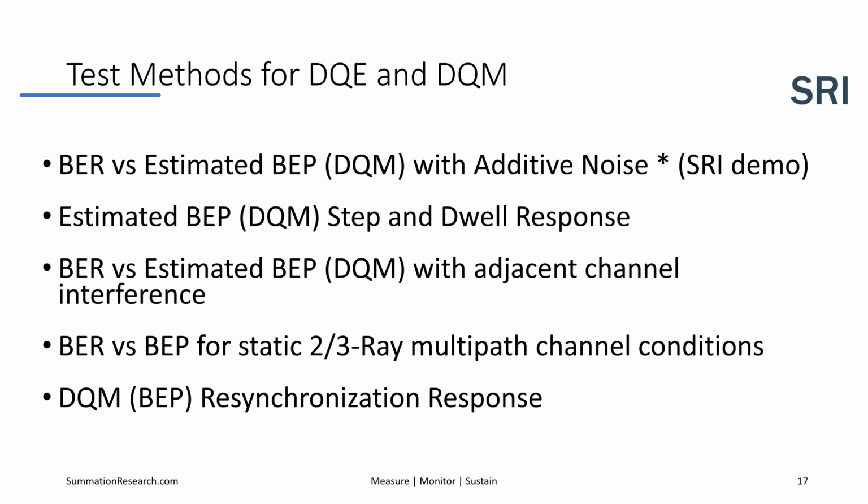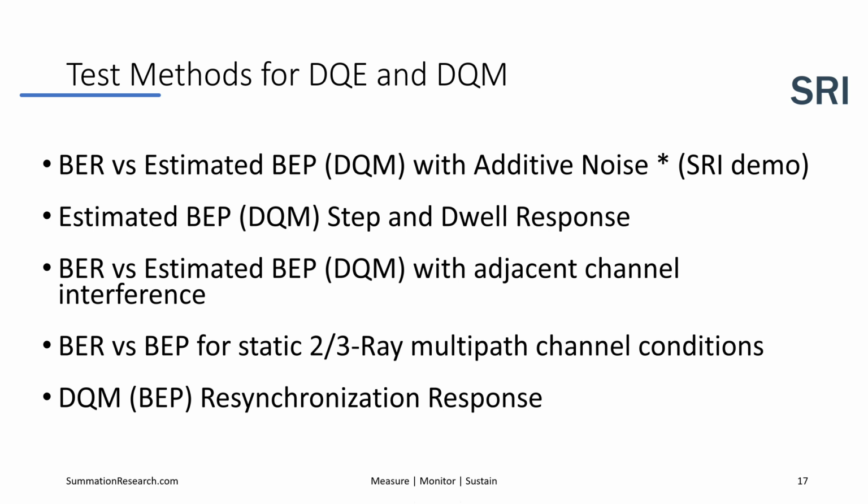It is vital for ensuring the system can quickly recover and maintain data quality after disruptions. These test methods are designed to comprehensively evaluate the performance and reliability of telemetry systems, ensuring that DQE and DQM metrics provide accurate and useful data quality assessments under varying conditions.